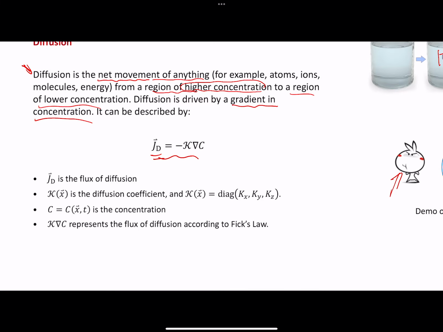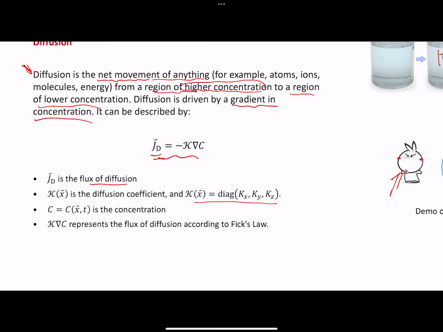In this equation, J_D refers to the flux of diffusion, and again it has magnitude and direction. And K here is a function of space, a diffusion coefficient, and it can be expressed as this.